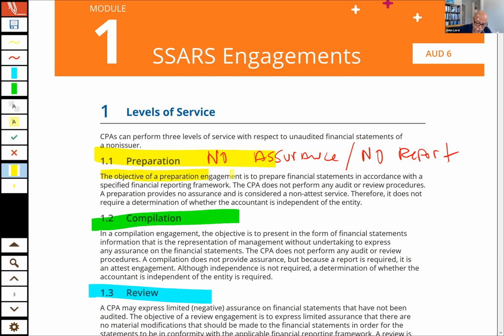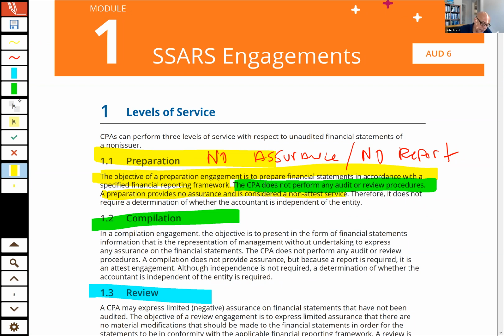So the objective of the preparation is to prepare those financial statements in accordance with the applicable framework, probably US GAAP. We do not provide any procedures on those. Okay, so we do not audit, we do not review. A preparation, as I wrote up there, provides absolutely no assurance, and it is considered a non-attest engagement.